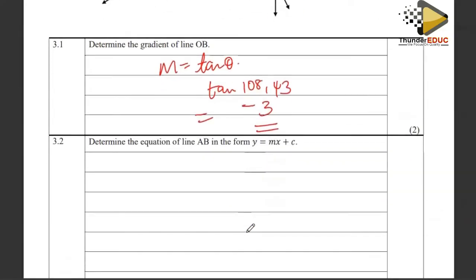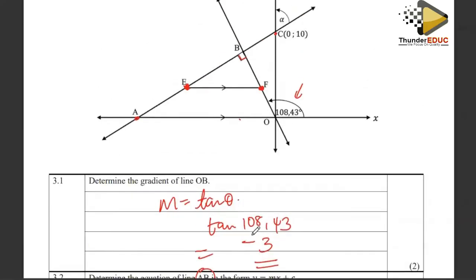Then 3.2, we must find the equation of AB. What do we know about AB? We only have one point, which is the y-intercept, and this y-intercept is at 10. We don't know the gradient of AB, but we have the gradient of OB. Since the lines are perpendicular, the gradient of AB multiplied by the gradient of OB should give us negative 1.